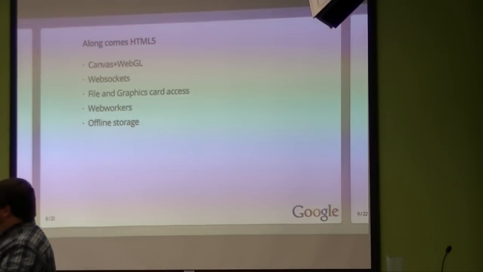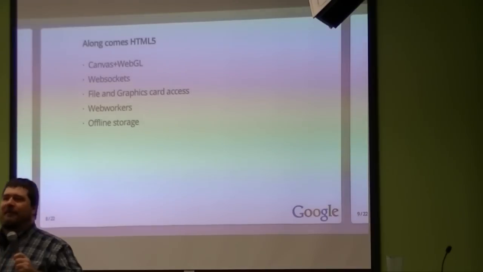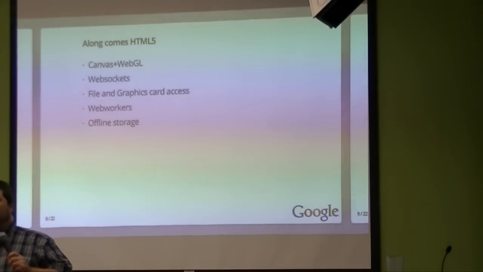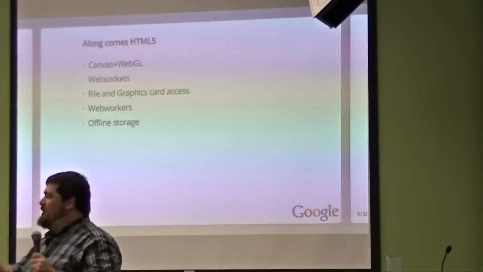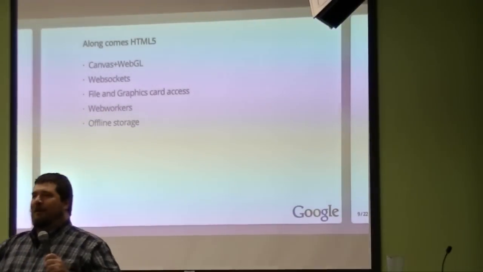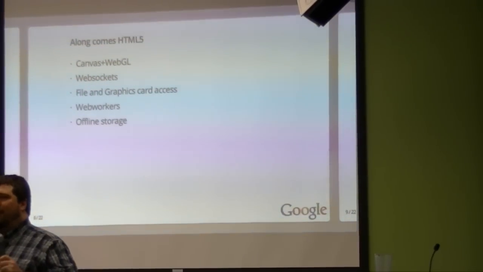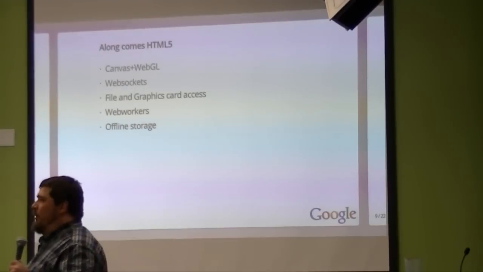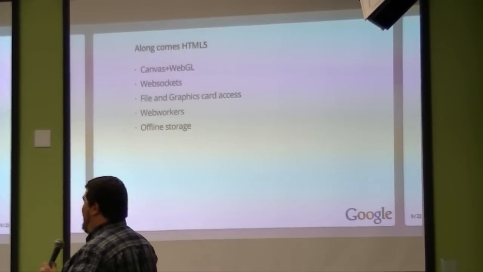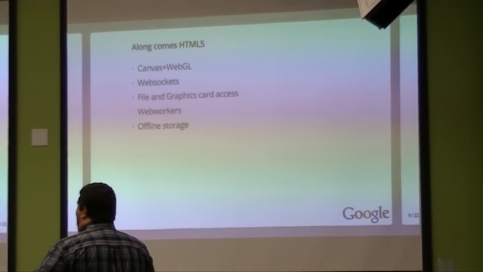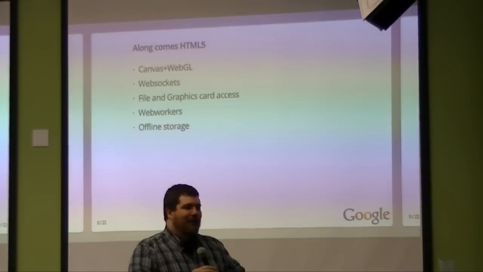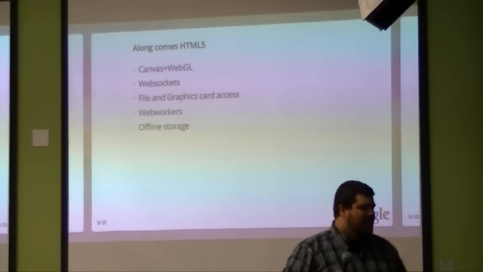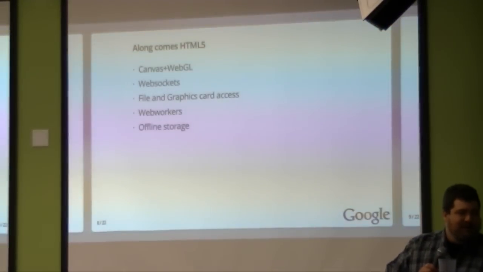But there are some other things, like access to the file system and graphics cards, and WebSockets, which allows a browser to directly communicate with a server and keep an ongoing connection rather than having a single one-off connection. Offline storage, web workers that could perform tasks in the background. So how does that become relevant to us?